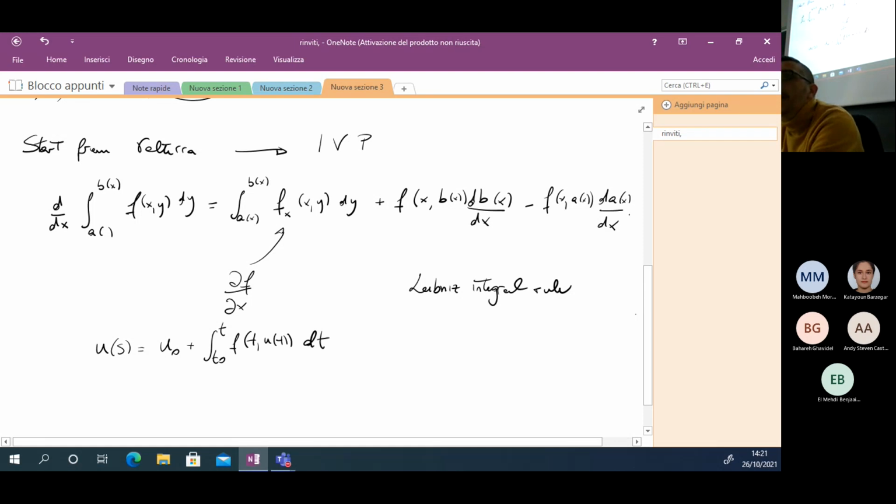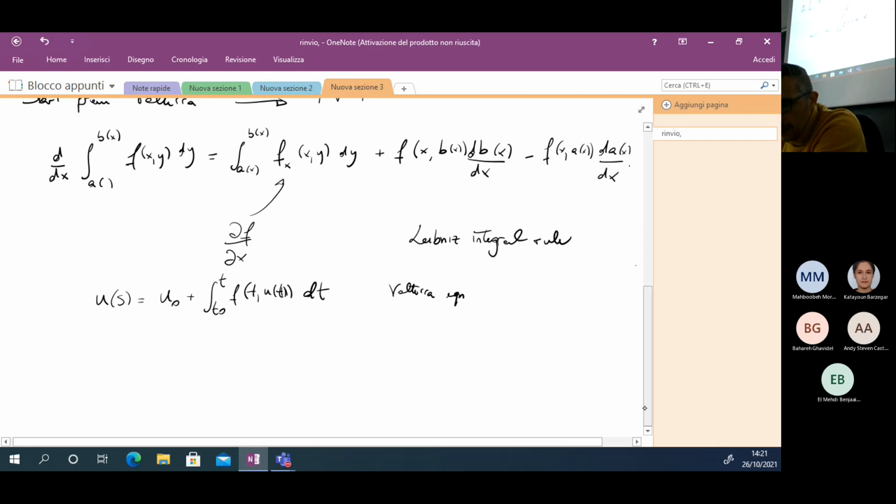Go back in your notes and see, that was this equation. This is the Voltaire style equation. Probably here it's an S, not a T.